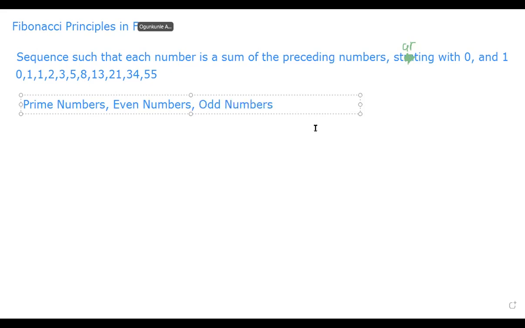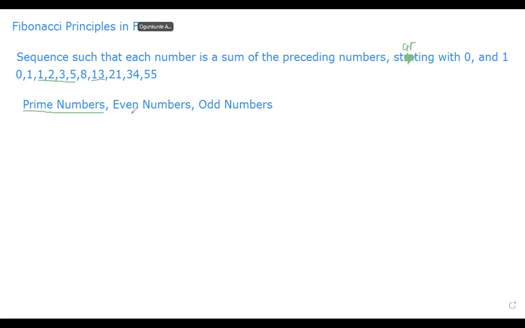Now, if you look at the sequence that I have on my screen, what you will observe is that we have prime numbers. And prime numbers are numbers that can only be divisible by 1 and themselves, such prime numbers as 1, 2, 3, 5. 13 is another prime number.